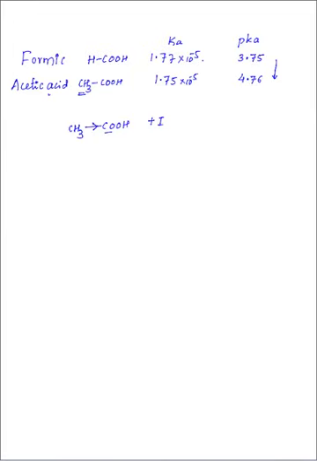Due to that, acetic acid forming the acetate ion is somewhat difficult. For formic acid, H C double bond O OH, these electrons can be taken easily because this carbon hydrogen bond is almost neutral, so that it forms the ion, that is H C double bond O O minus plus H plus.